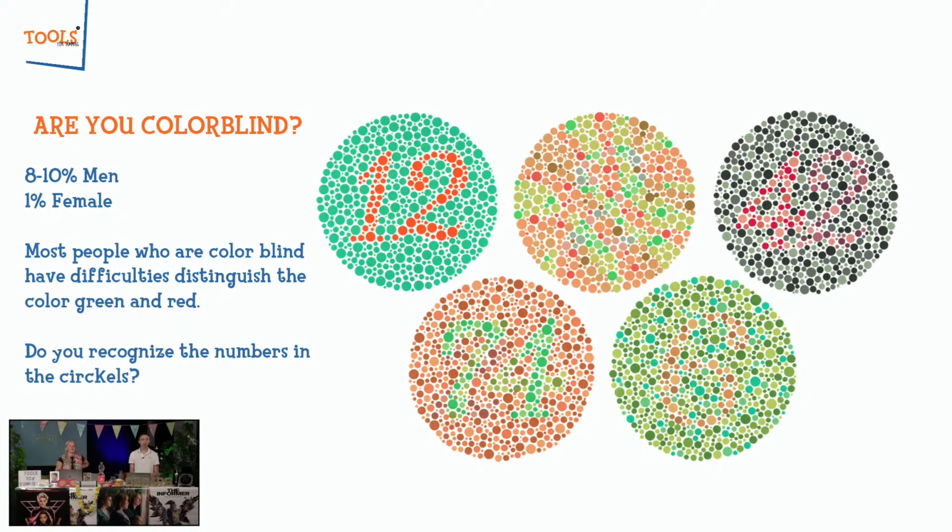It could also be bad stream quality or compression, but most people that aren't colorblind are perfectly fine seeing what numbers are in these circles. But even for the ones who can recognize the numbers, it's very difficult to see them.